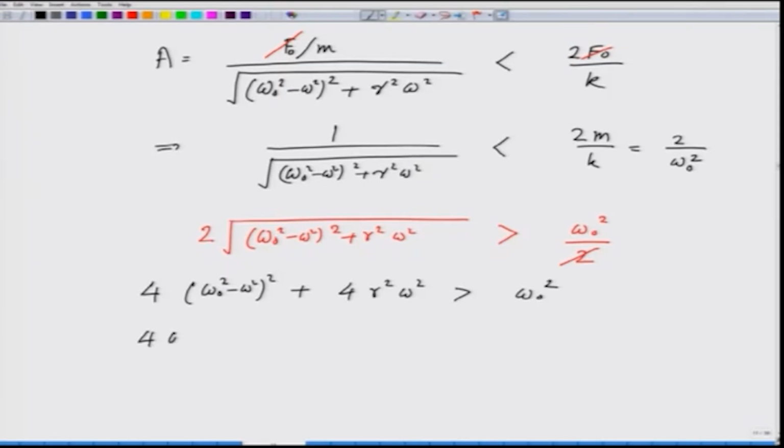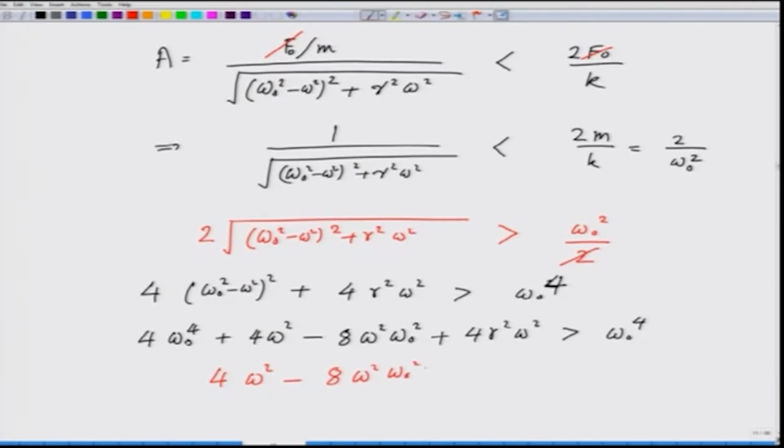This gives me 4 omega 0 raised to 4, I have squared both sides, plus 4 omega to the 4 minus 8 omega square omega 0 square plus 4 gamma square omega square should be greater than omega 0 raised to 4, or the final equation that I get is 4 omega to the 4 minus 8 omega square omega 0 square plus 4 gamma square omega square plus 3 omega 0 raised to 4 is greater than 0.